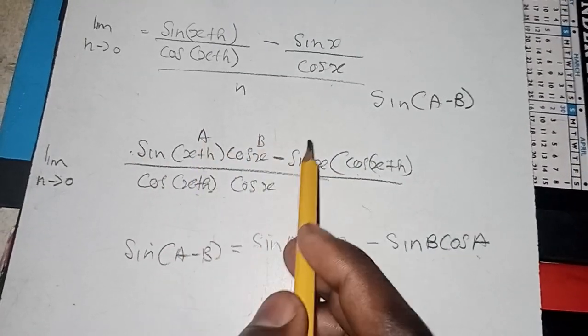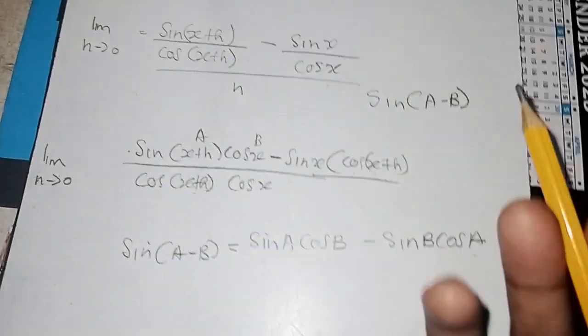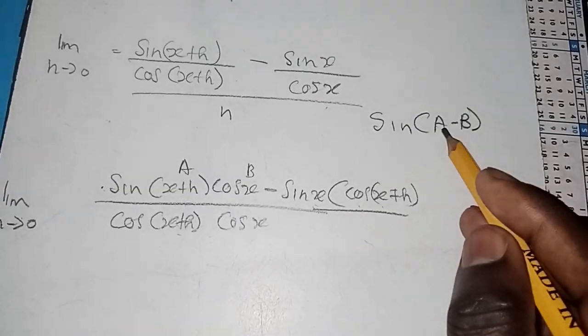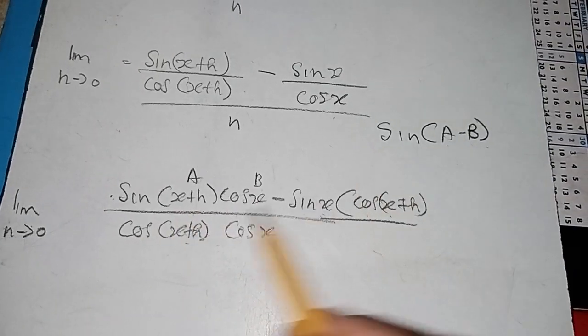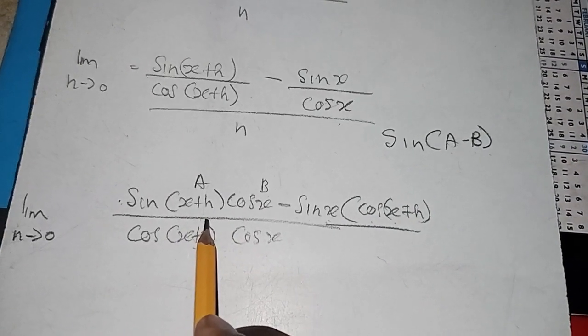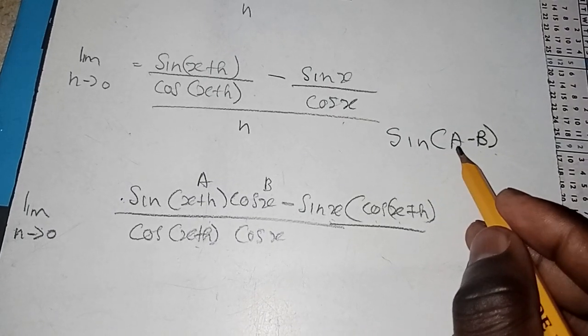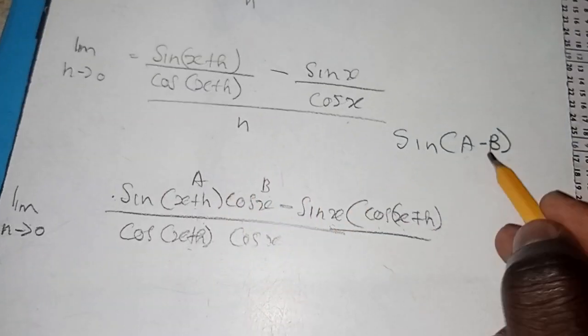So we're going to replace wherever there's x in this function with just a and b. They're saying sine(a minus b) is what will give us this. So a will be this and b will be that.